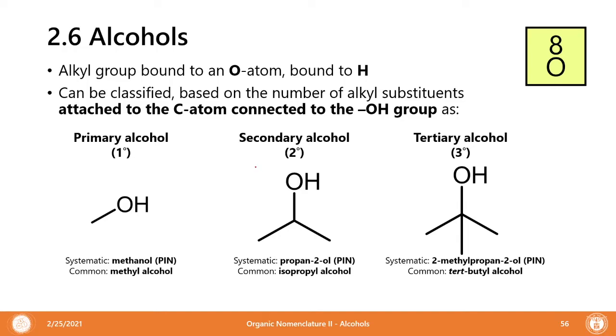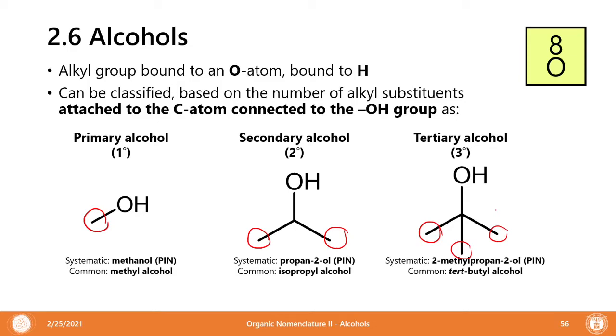So, in particular, they may be primary alcohol with just one carbon or another carbon connected to it. Secondary alcohol with 2 alkyl groups connected to this carbon, or a tertiary alcohol with 3 carbon groups.